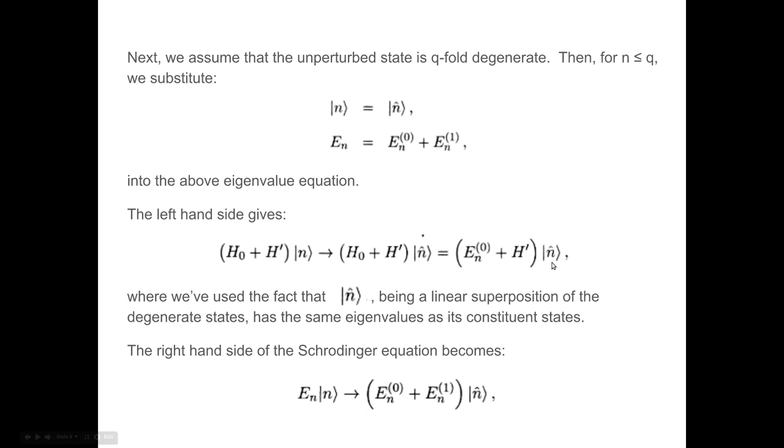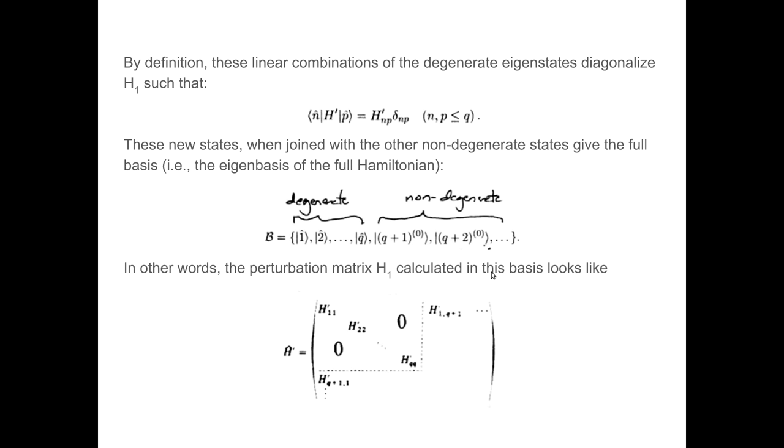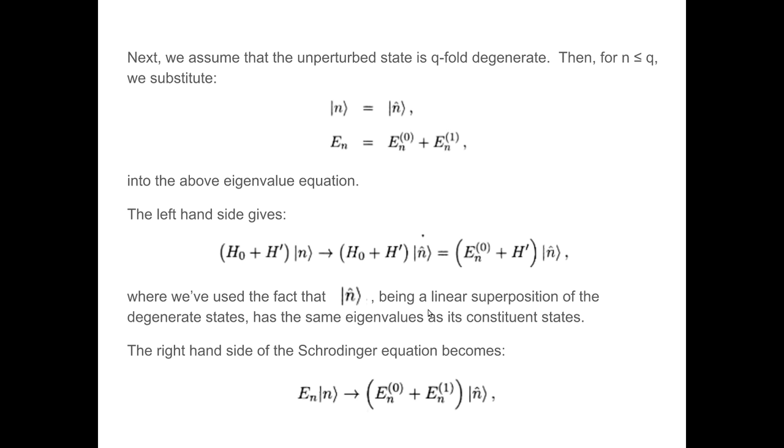The way we got this energy eigenvalue is that we know this state is degenerate, but remember it's a linear combination of all the Q degenerate states, and all these states have the same energy. So when the Hamiltonian hits this, it's going to give the same energy as if it hit just one of these. All right, so that's how we got that term there.